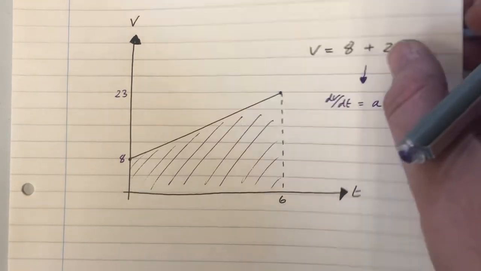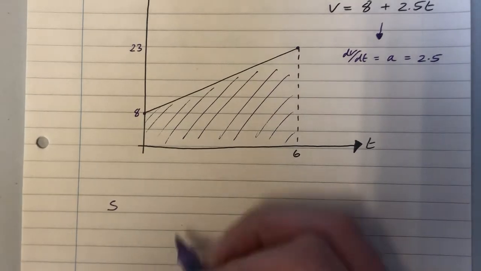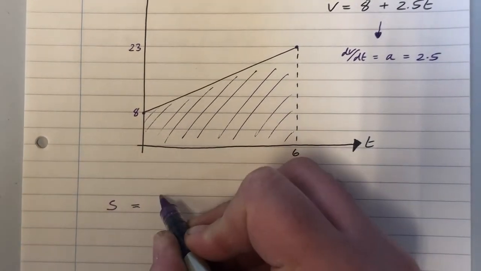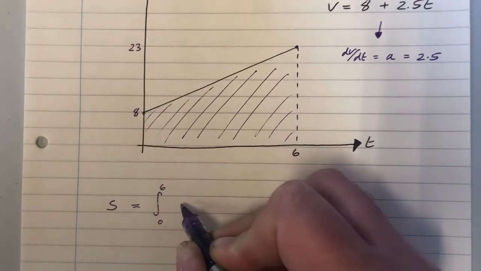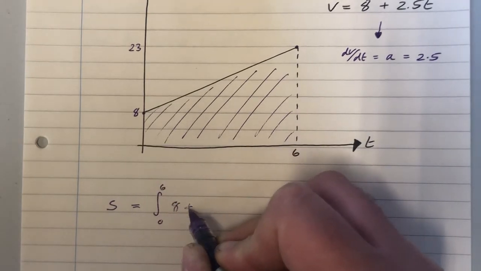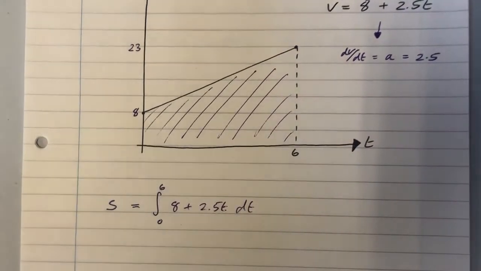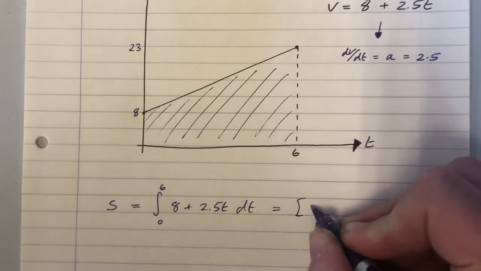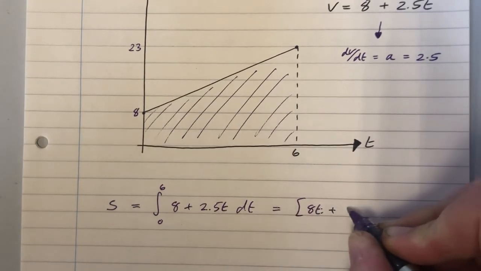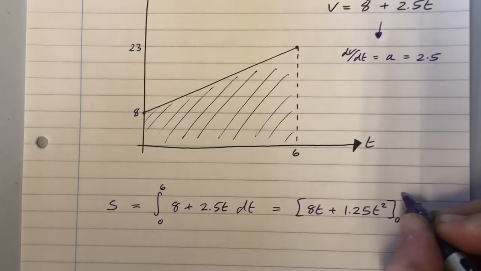according to this model? Well, the displacement of the first 6 seconds, which I'm going to call s, is going to be equal to the integral between 0 and 6 of v, which is 8 plus 2.5t dt. Evaluate that. That's going to be 8t plus 1.25t squared between 0 and 6.